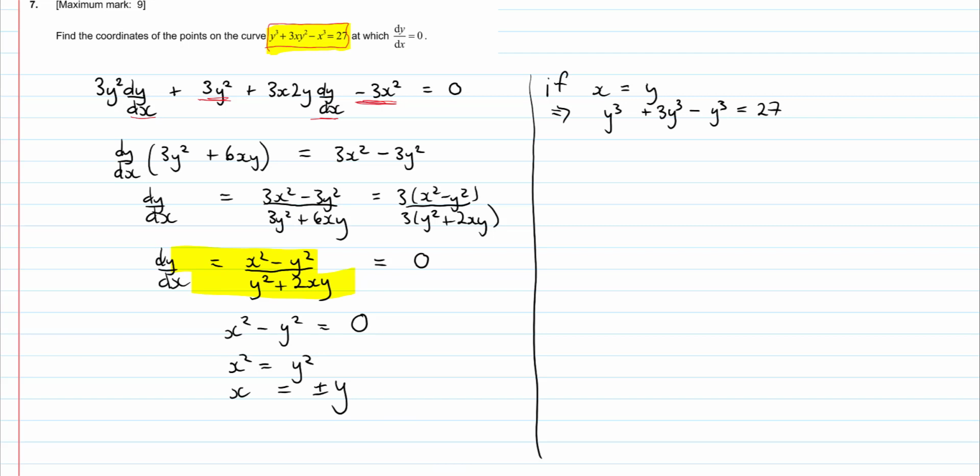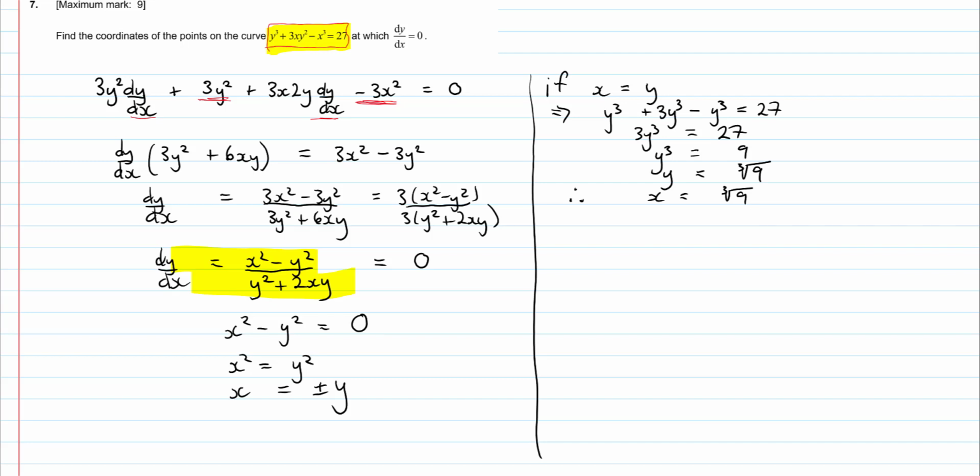Simplifying that down, we've got 3y cubed plus y cubed minus y cubed, so that is equal to 3y cubed is equal to 27, and therefore y cubed is equal to 9, and so y is equal to the cube root of 9. And as x is equal to y, x is equal to the cube root of 9.